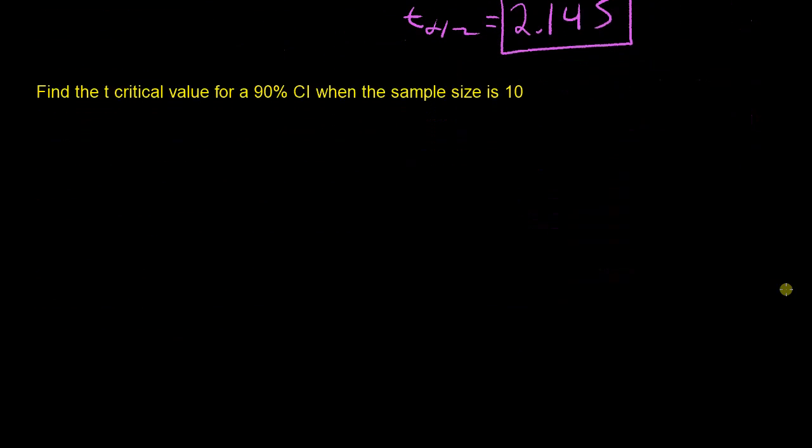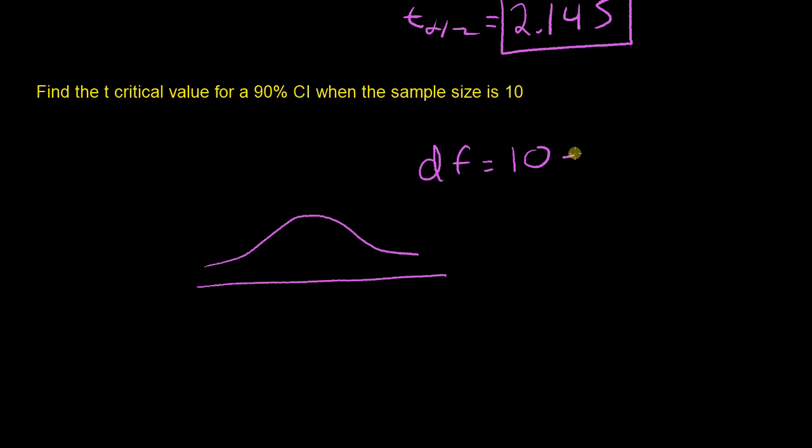Now we have a sample size of 10, so I need to consider my degrees of freedom: 10 minus 1, so that's 9. Here's my cutoff. I have 0.9 in the center, so my area in both tails is 0.1. This is 0.05 and this is 0.05, but the area in both tails is 0.1.